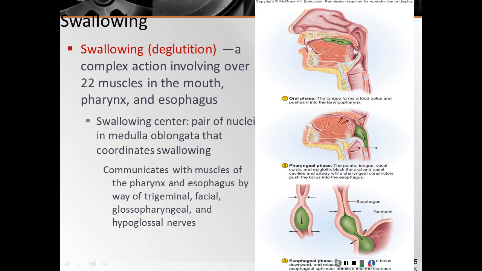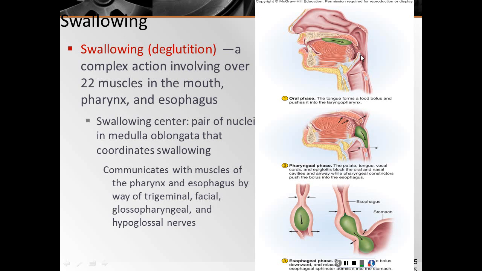because here is your trachea dealing with the air getting into your lungs, and here is our esophagus, where the food is supposed to pass.